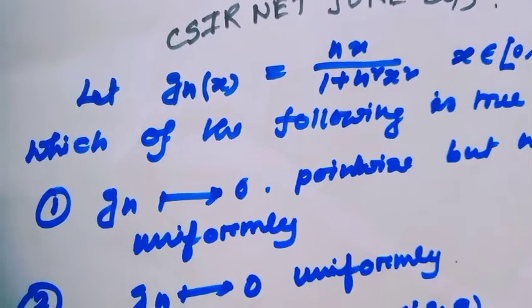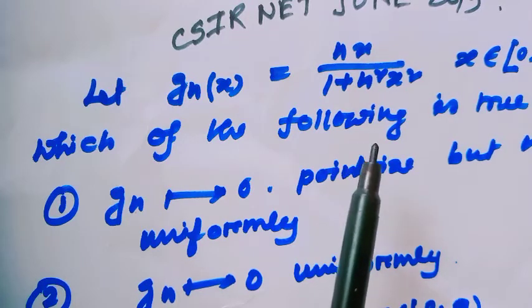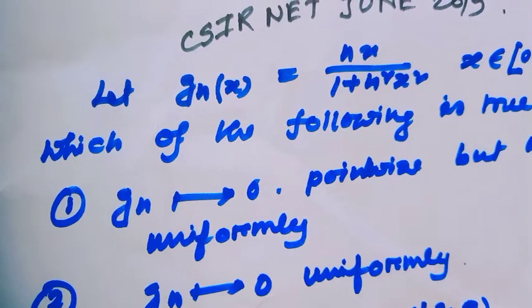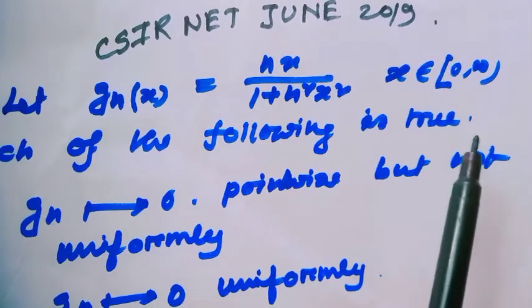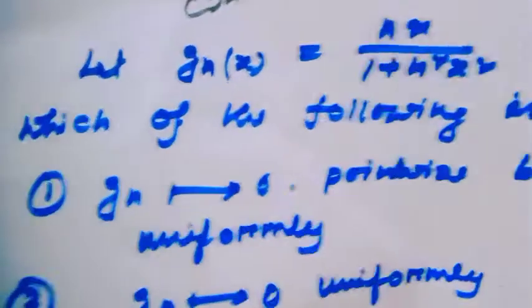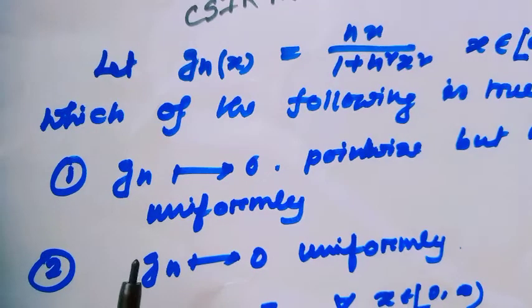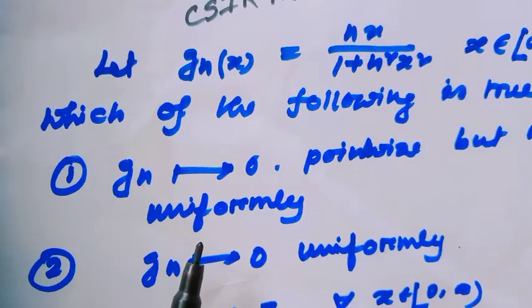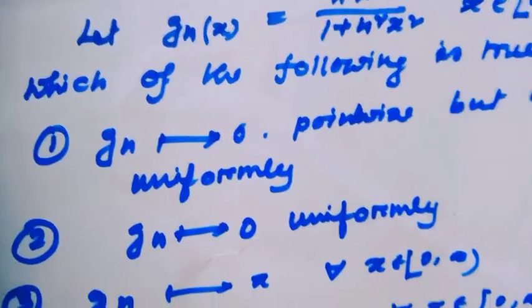The question is, let g_n(x) equal to nx over 1 plus n square x square, which is defined for x belongs to [0, infinity). Then, which of the following statements is true? Option 1, g_n converges to 0 pointwise but not uniformly.